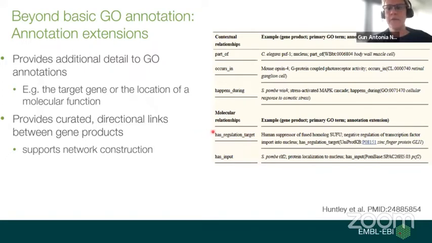So we might say for instance that a kinase phosphorylates this other protein. So you can specify the other protein in an extension. Or happens during. So this biological process, stress-activated kinase cascade, happens during a response to osmotic stress. And these lend support to creating networks of annotations, connecting and stringing together the annotations.